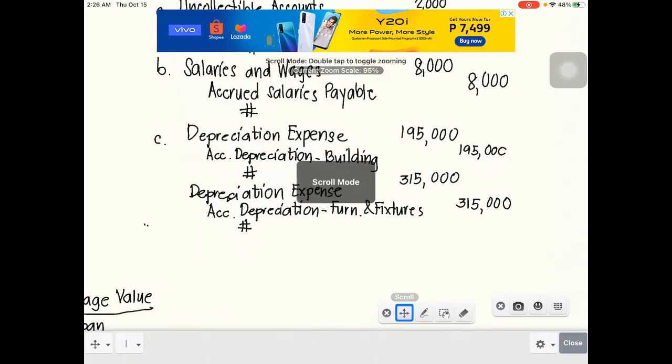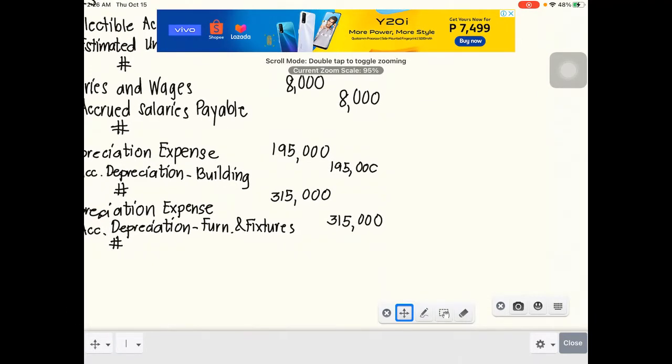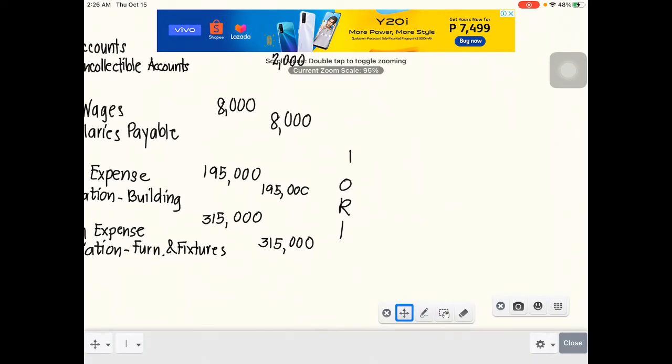Or if you want to make this a compound entry, if you could recall what is a compound entry, you could have more than one in the debit or more than one in the credit or both. So if we make the compound entry here, depreciation expense, you simply total the two.